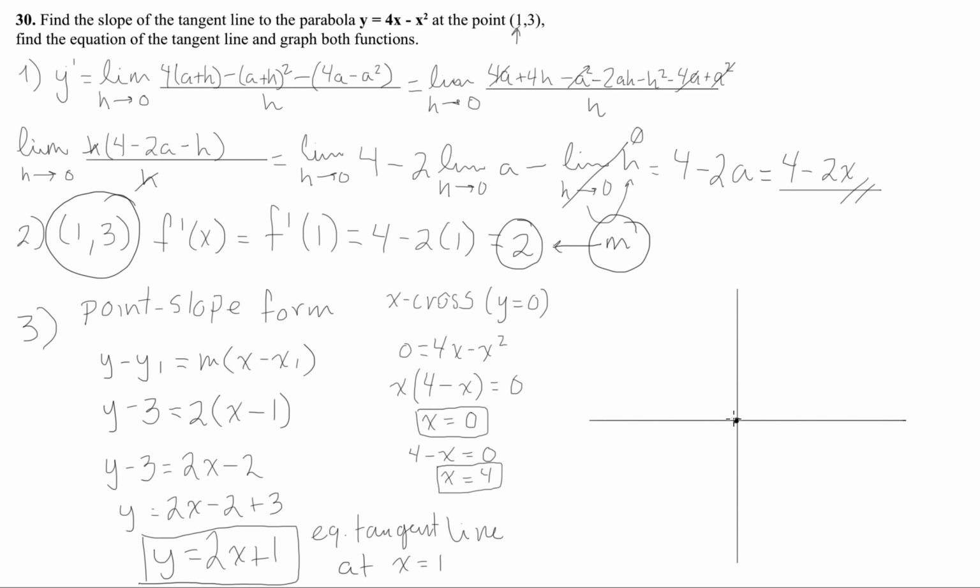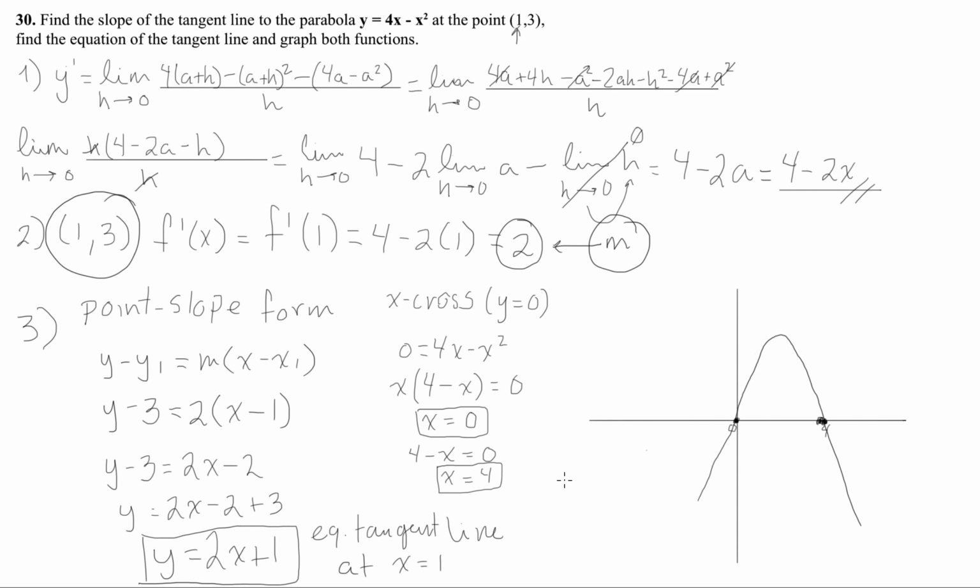So if this is 0, for example, this will be 4. And this is the origin, right? So my graph is going to do something like this. So this is just a sketch of a graph, okay? Crossing this point.